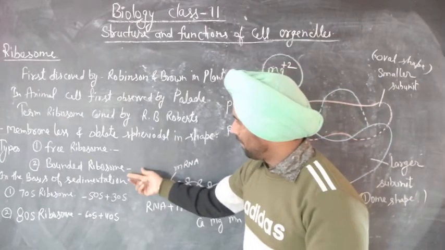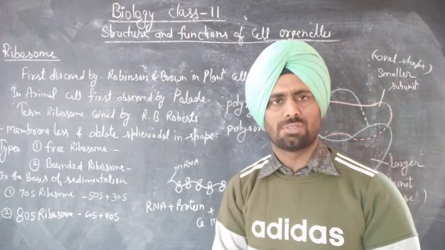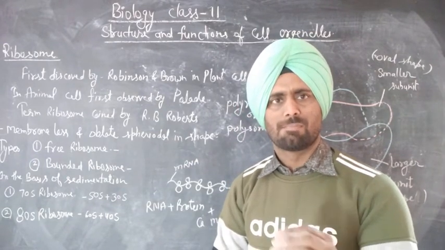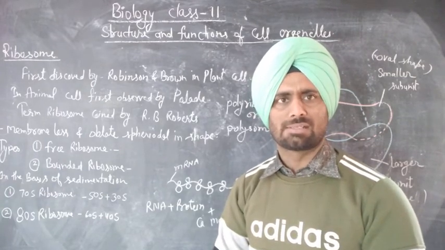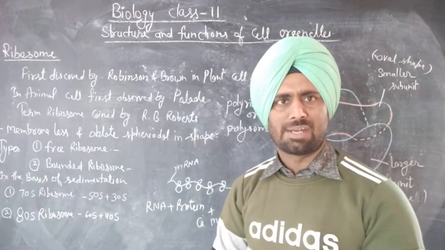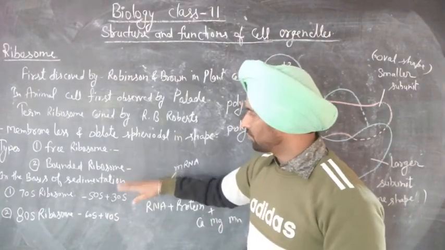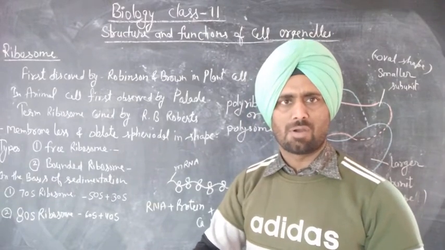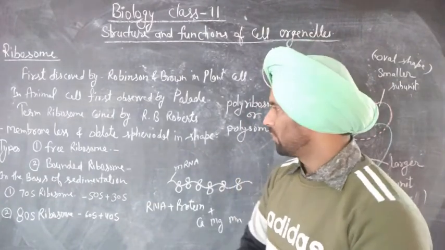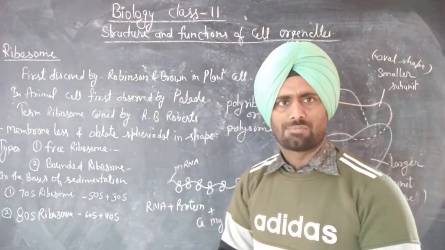Second is bounded ribosomes. Bounded ribosomes are those which are attached with another cell organelle like endoplasmic reticulum and nucleus. Bounded ribosomes are found on the surface of endoplasmic reticulum or nucleus. So these are two types on the basis of presence of the site.